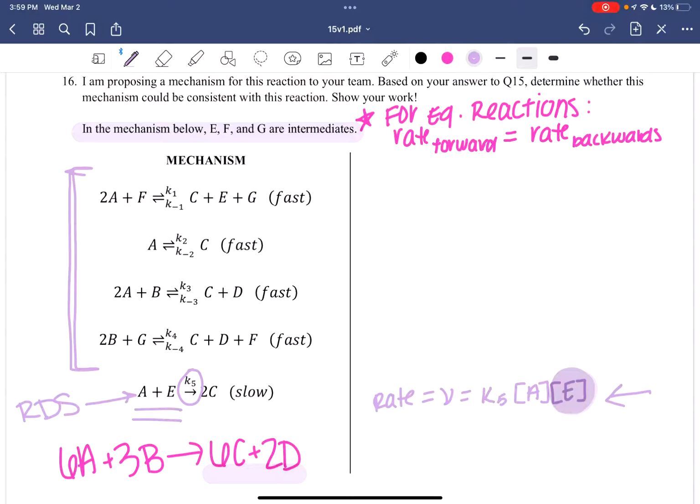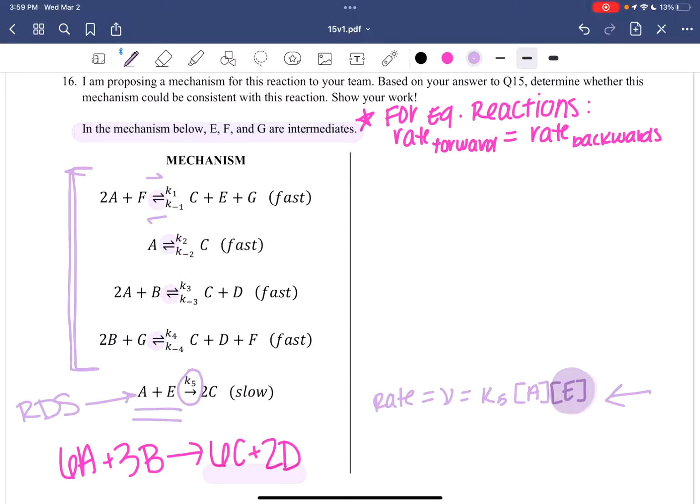What you'll notice about each of these faster equations is that all of them have these sort of funky arrows. I'm not sure exactly where lecture is in terms of these types of reactions, but these funky arrows are what we call equilibrium reaction arrows, and that means that there's a forward reaction indicated by this top arrow, and that forward reaction is happening at the same time as a backwards reaction, which is that sort of half bottom arrow.